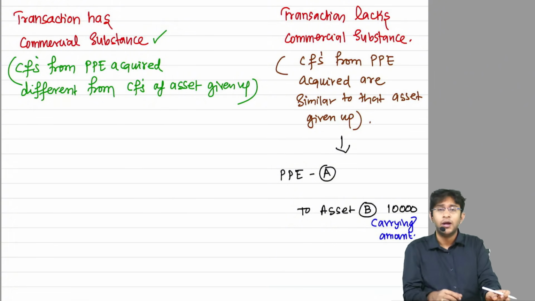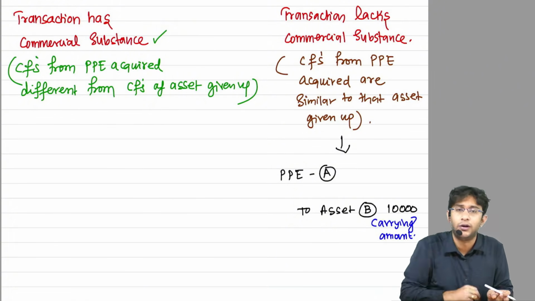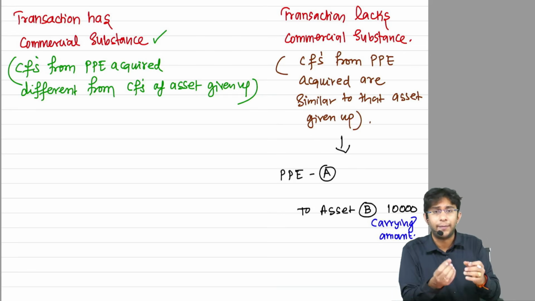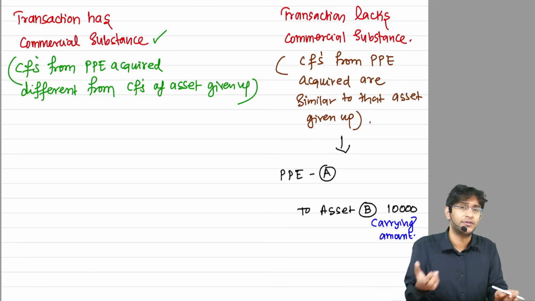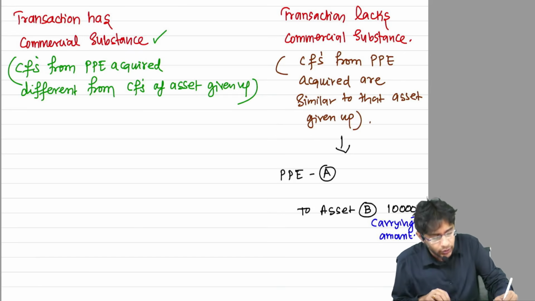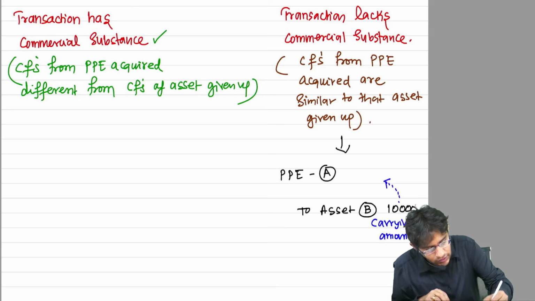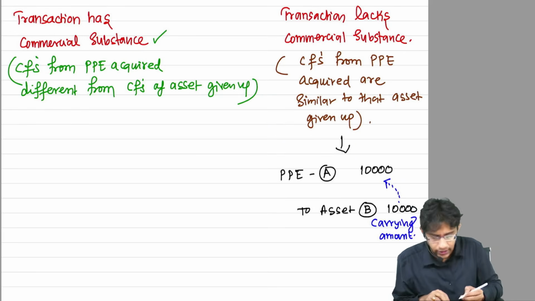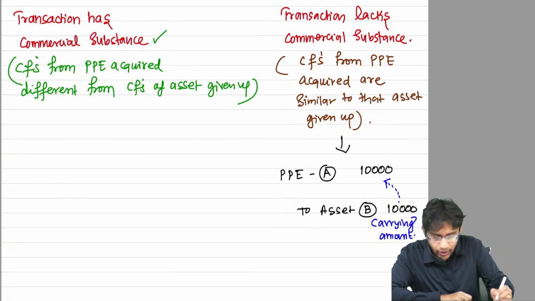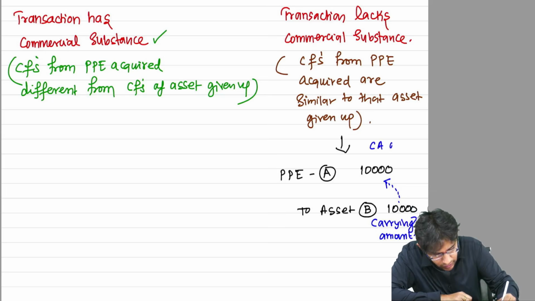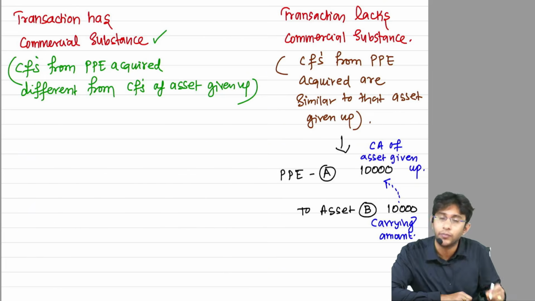Why recognize A at some market value, fair value and all? Whatever is the capability of B in terms of cash flows, the capability of A in terms of cash flows is the same. So why get some other amount? Use the same amount. So this also is recognized at 10,000. So basically, you recognize the asset acquired at the carrying amount of the asset given up. That's the rule.